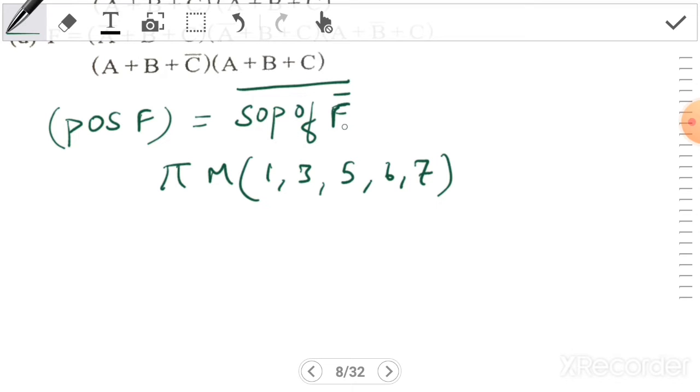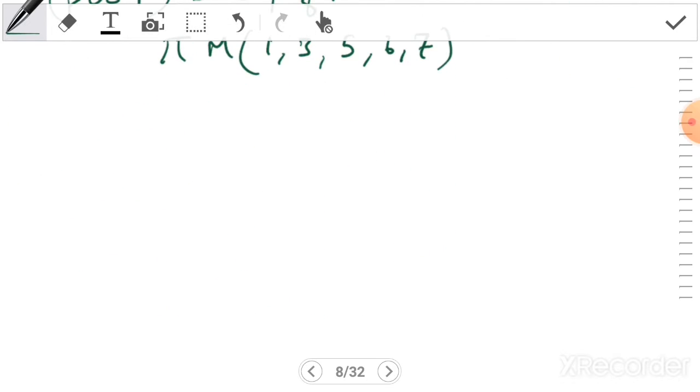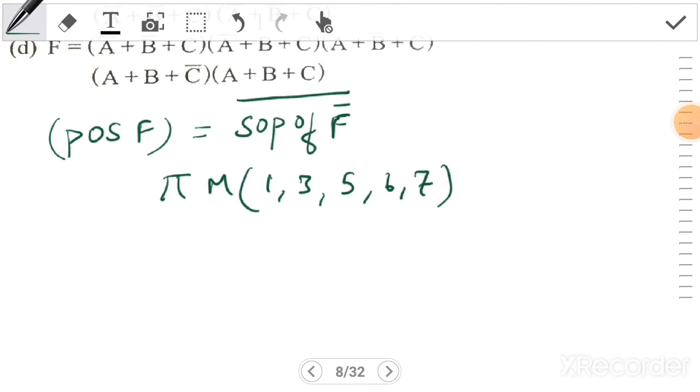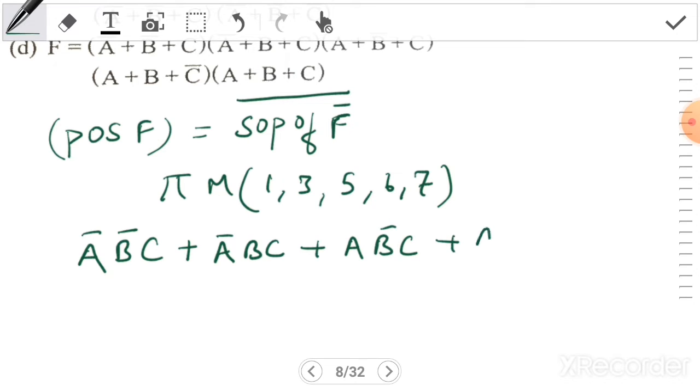So F complement is A complement B complement C plus A complement B C plus A B complement C plus A B C complement plus A B C. So this is the complement of function f.